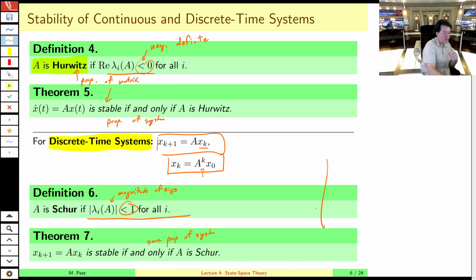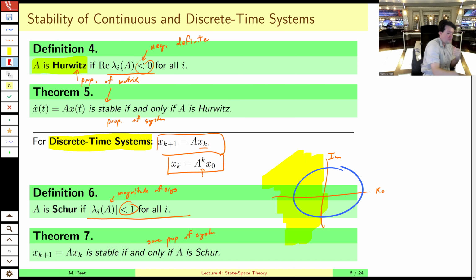Okay? So if we draw our complex plane, real and imaginary parts, for continuous time systems you have stability if you're over here, and for discrete time systems, you want to be in the circle.